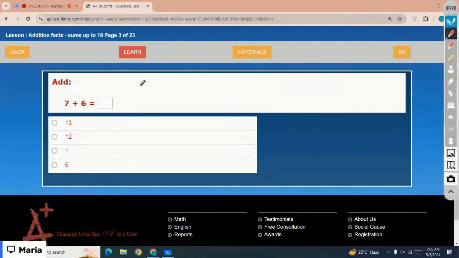So 7, 8, 9, 10, 11, 12, and 13. So 7 plus 6 equals 13. The correct option is 13, right? 7 plus 6 is 13.